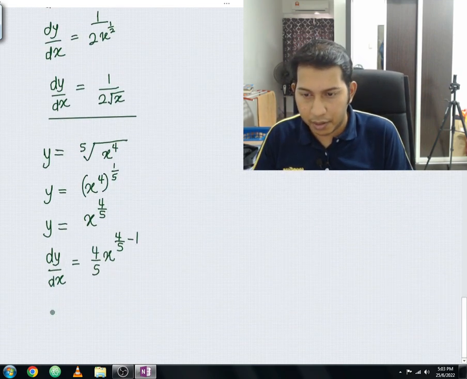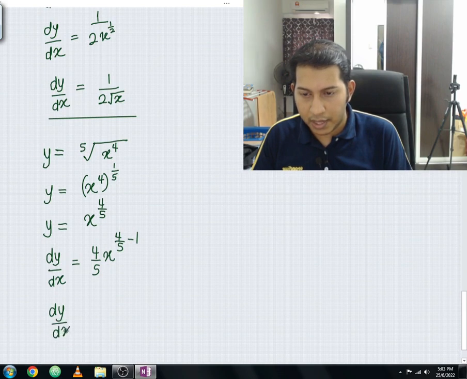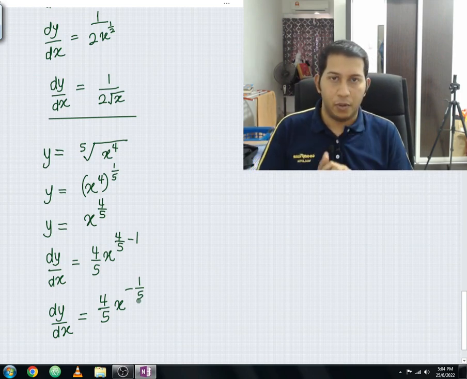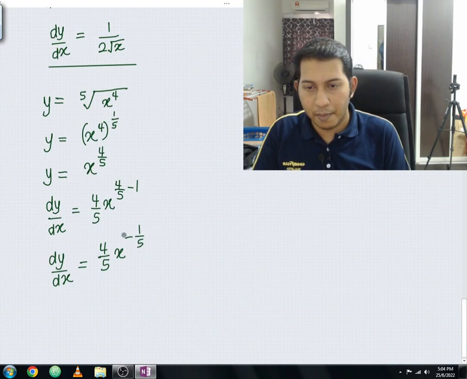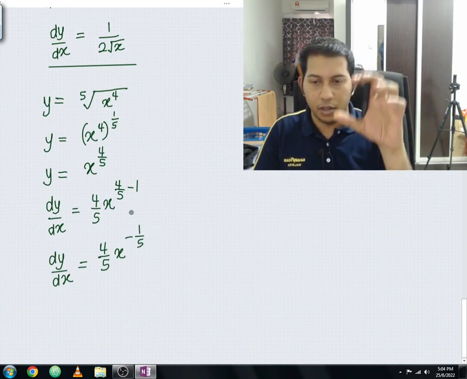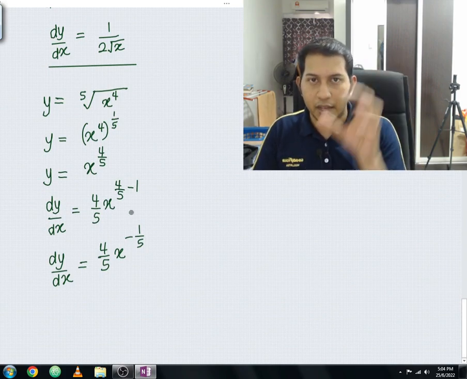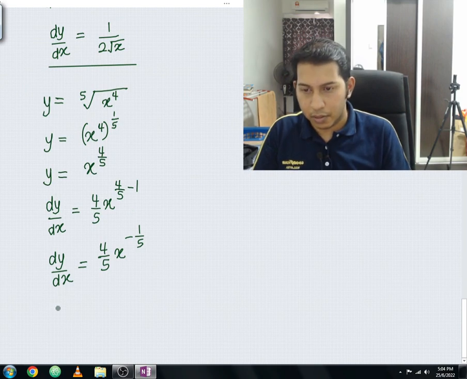Okay, and then from here you get dy/dx is equals to 4 over 5 x to the power of negative 1 over 5. So remember, the negative power you can move the index into the denominator.